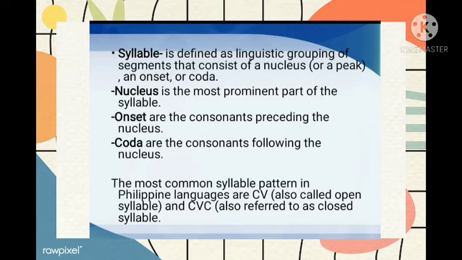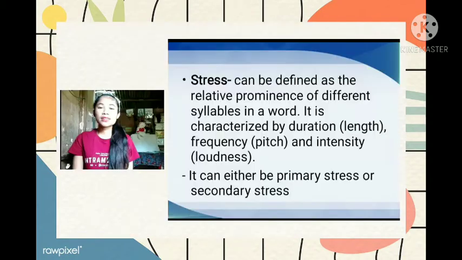The nucleus is the most prominent part of a syllable. The onset consists of the consonants preceding the nucleus, while the coda consists of the consonants following the nucleus. The most common syllable patterns in Philippine languages are CV, also called an open syllable, and CVC, also referred to as a closed syllable.